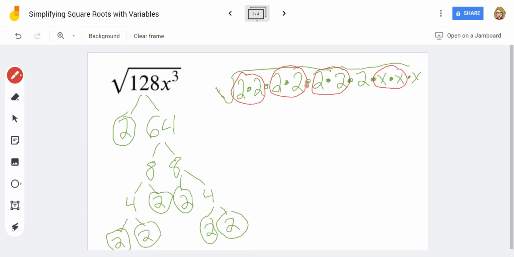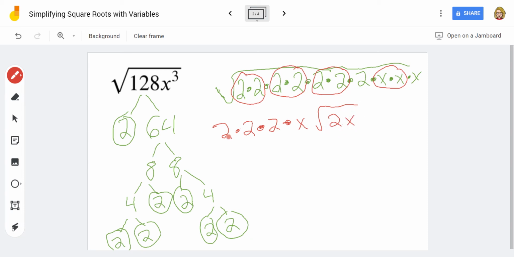So I have 3 pairs of 2's, so outside my root, I'm going to write 2 3 times, because for every pair, only one of the numbers gets to come out. So 3 2's, 1 x, and then left inside my root would be 2x.